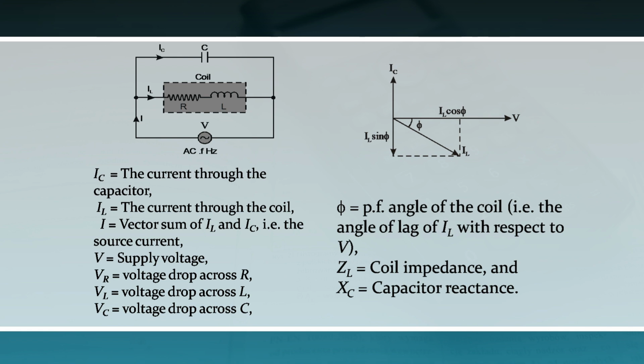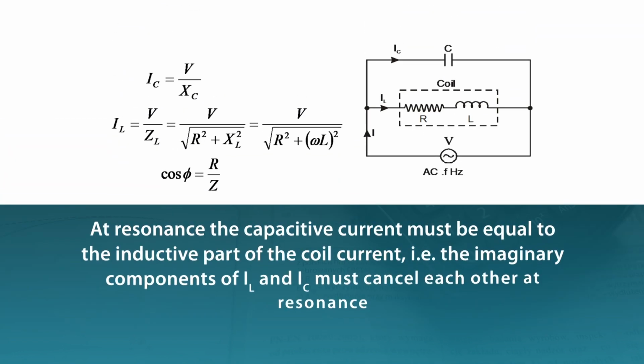IC is equal to IL sin phi, or you can say the current flowing through the capacitance is equal to the vertical component of the coil current IL, that is IL sin phi. Now you have to find this capacitive current IC. As you know, voltage is applied across two branches, so this voltage is the same. So this IC can be written as V upon XC, where XC is the capacitive reactance of the branch.